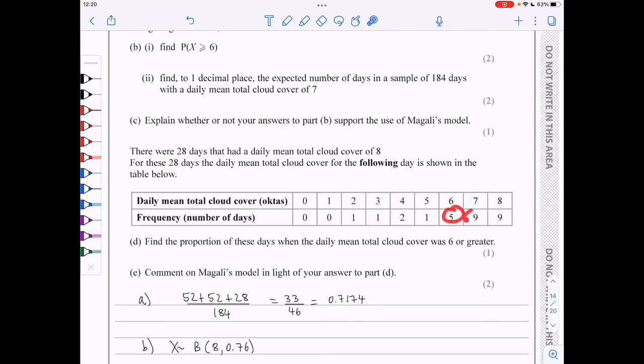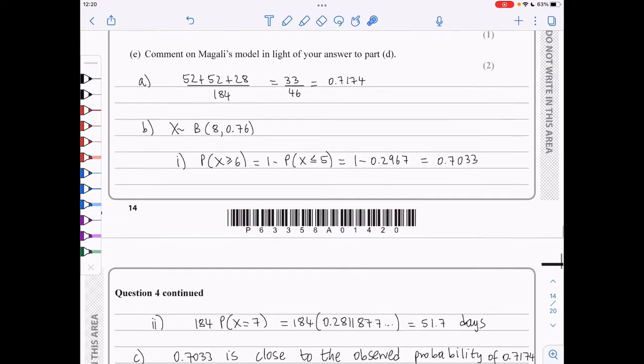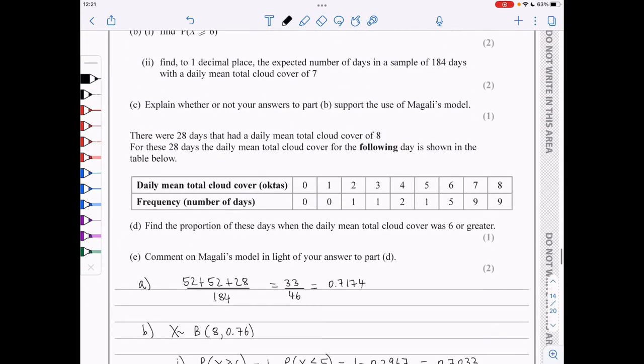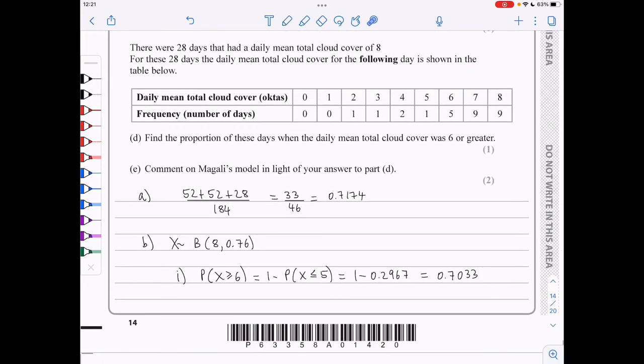So 5 plus 9 plus 9 over 28, which turns out to be 23 over 28, which is 0.8214.